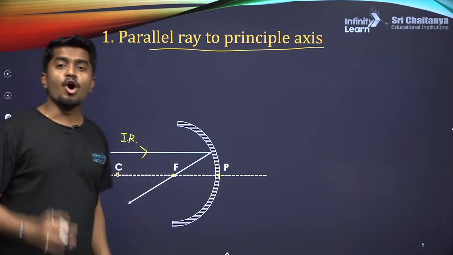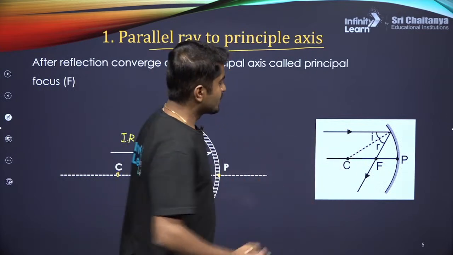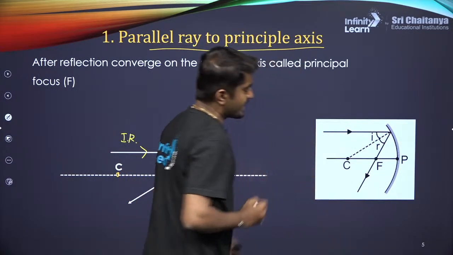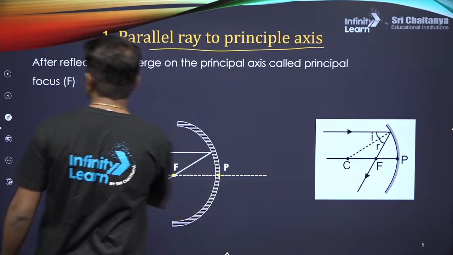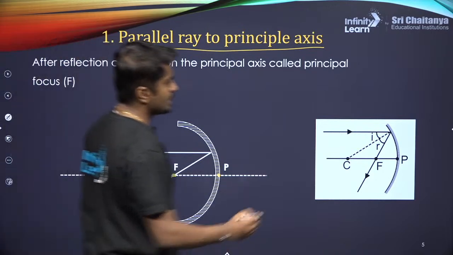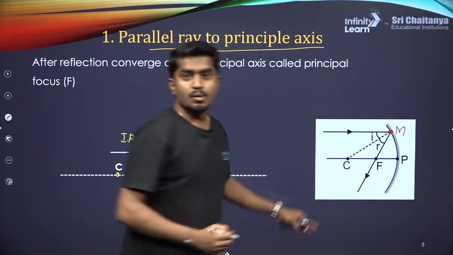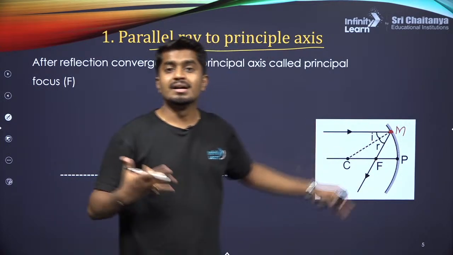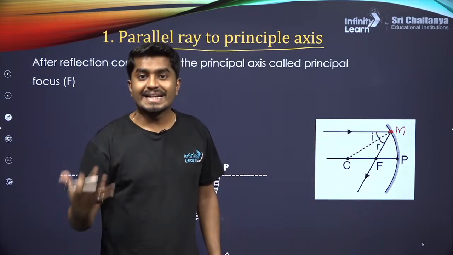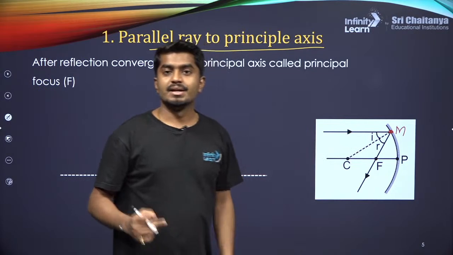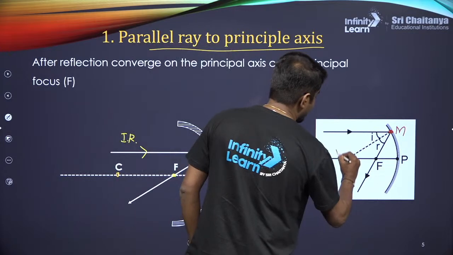And why will it always pass through the focus? Because you see this line here, there is an incident ray and a reflected ray. Let's suppose there is some point M here. So this CM, what is this CM? It is nothing but the radius of curvature, right? The radius makes an angle of 90 degrees with the mirror, so this radius will act like a normal.